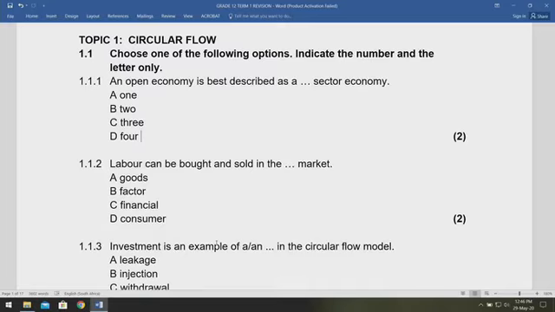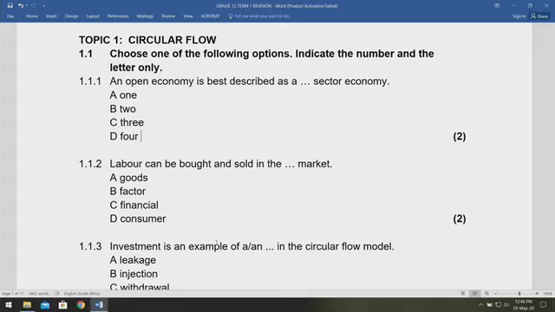Right, let's get going. Topic 1 deals with the circular flow. And there we see 1.1, choose one of the following options, indicate the number and the letter only.